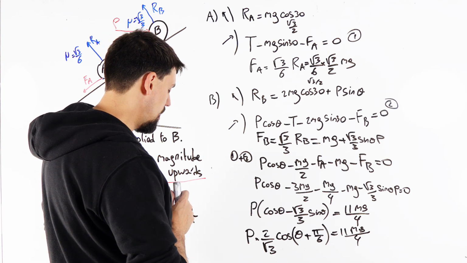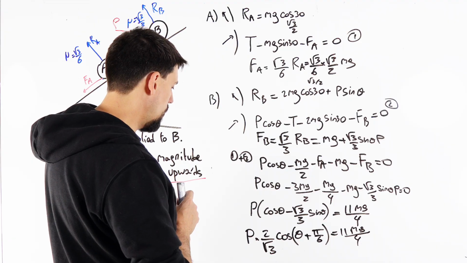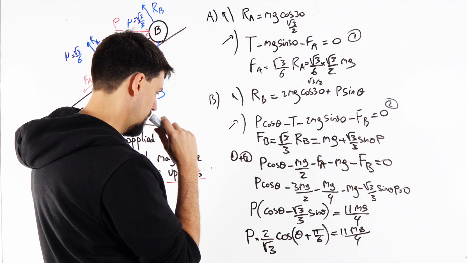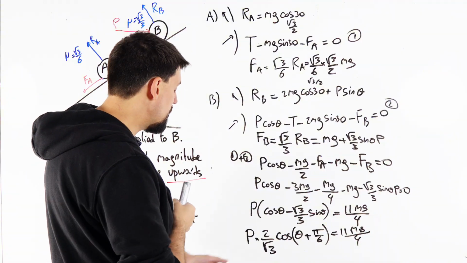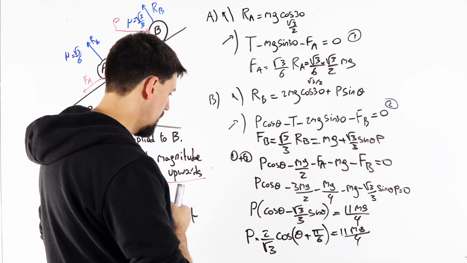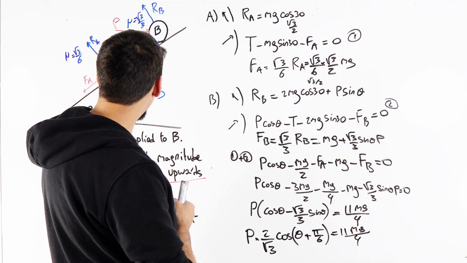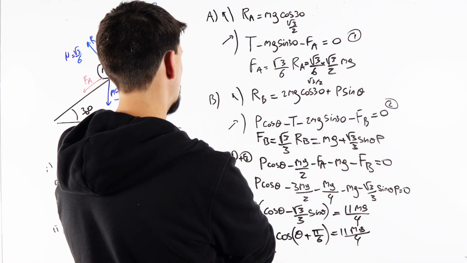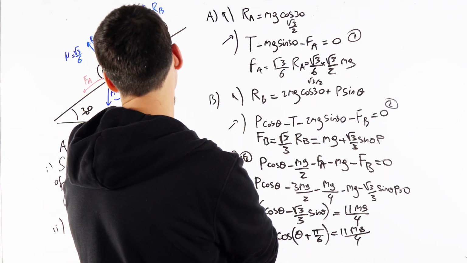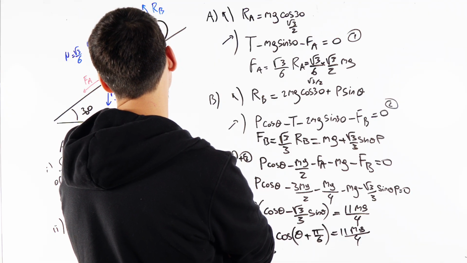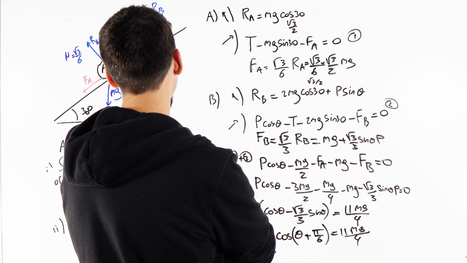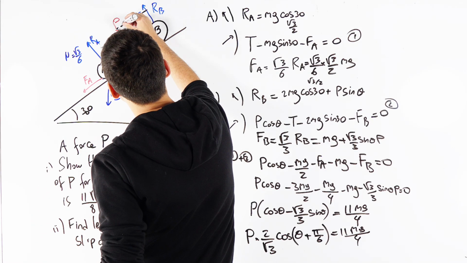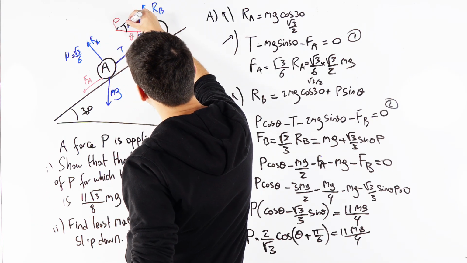So essentially, I want this to equal 1. So I need theta to be negative pi over 6. Yes, because of the way I've angled it, theta should be measured from the base there.